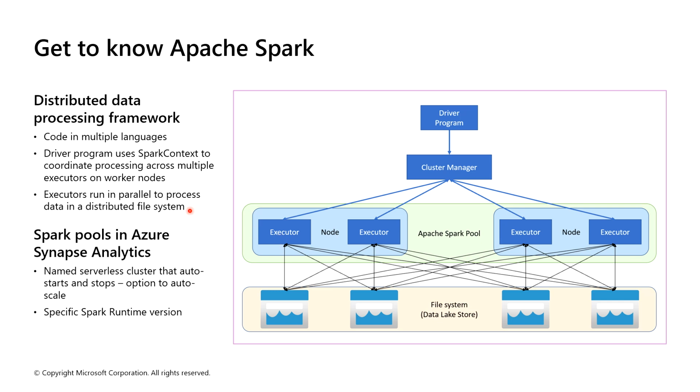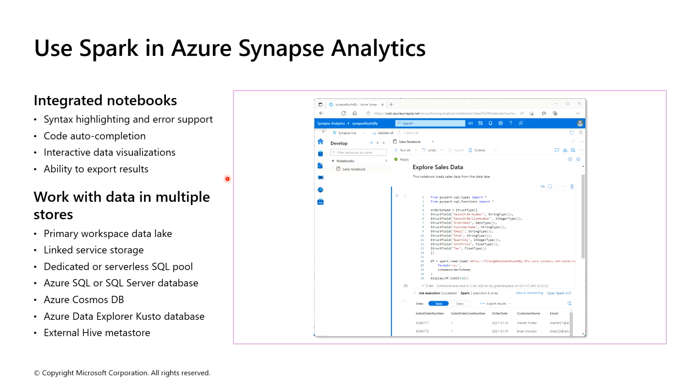In the next section, let's look at how to use Spark in Azure Synapse Analytics. It gives us integrated notebooks with syntax highlighting, error support, and automated code completion. It has interactive visualization and also export capabilities.